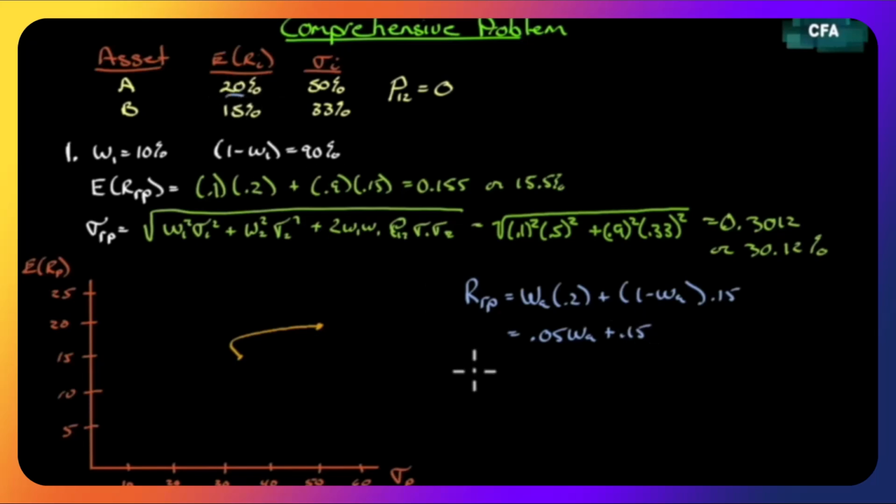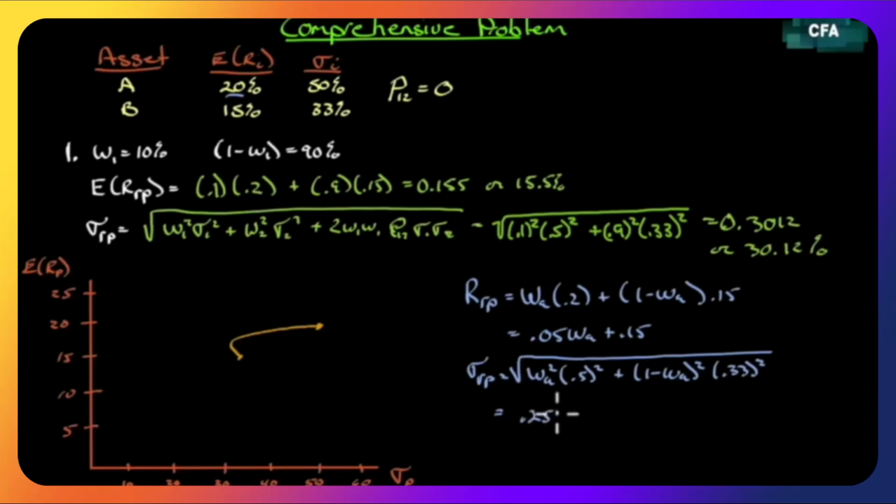And we could do the same thing for the variance of the risky portfolio, which is just the weighting on the first asset squared times the standard deviation of the first asset, plus the weighting on the second asset squared times the standard deviation squared. We can expand the terms under here.